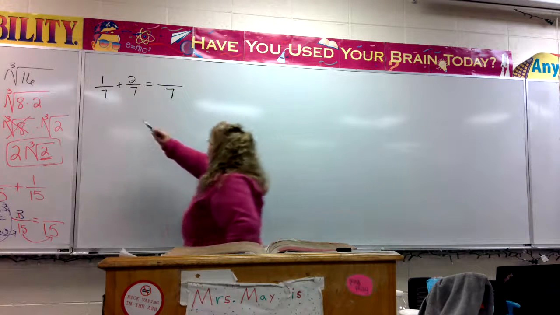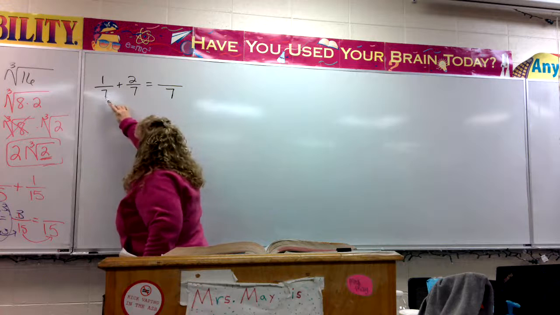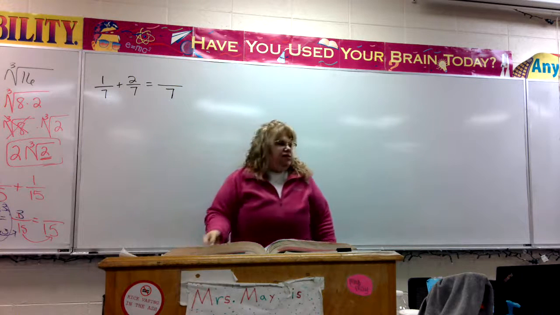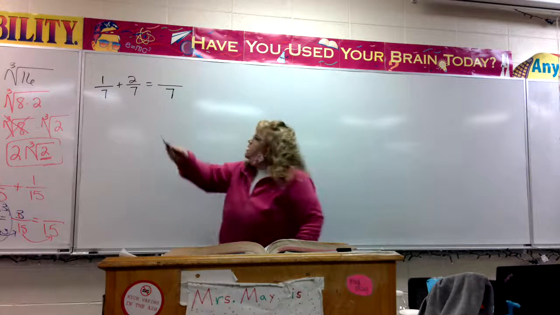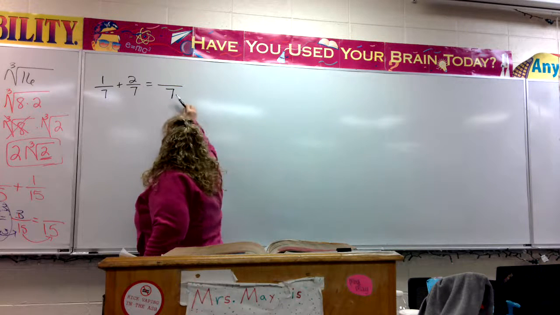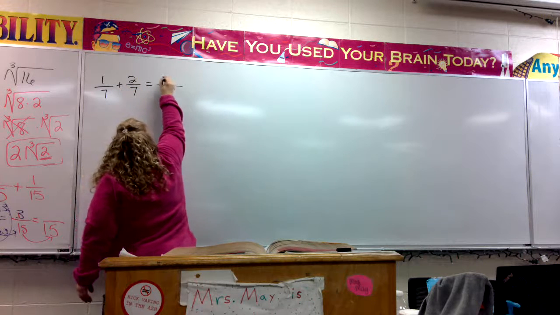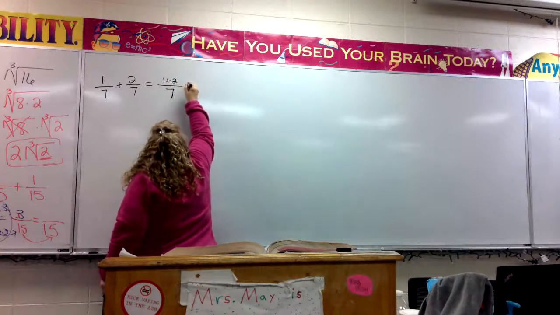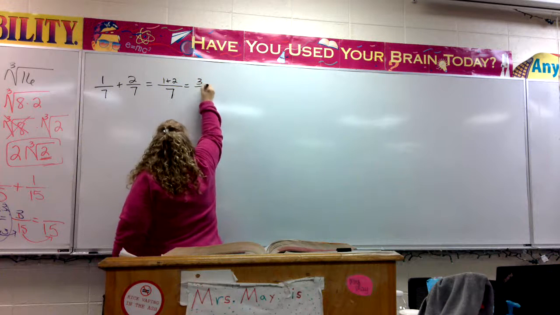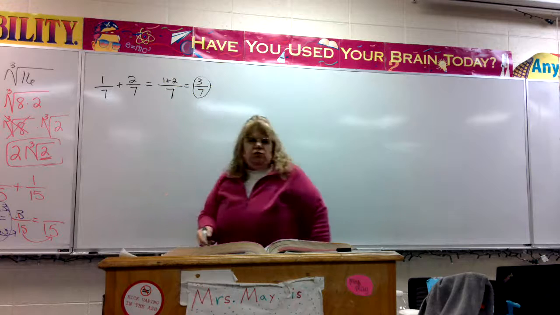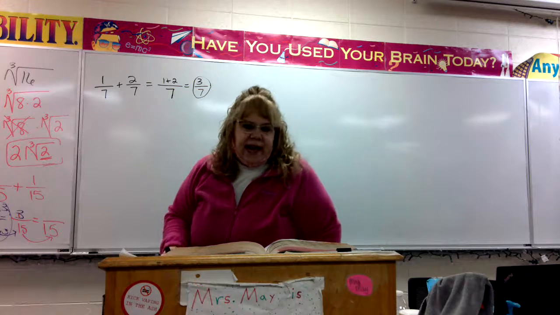So when you add up fractions, the denominator doesn't change. So that stays the same. On top is where you add 1 plus 2. What is 1 plus 2? 3/7, right?